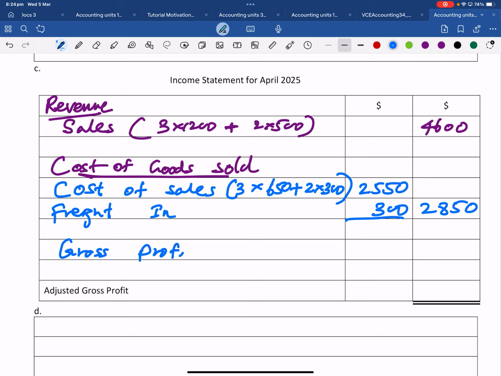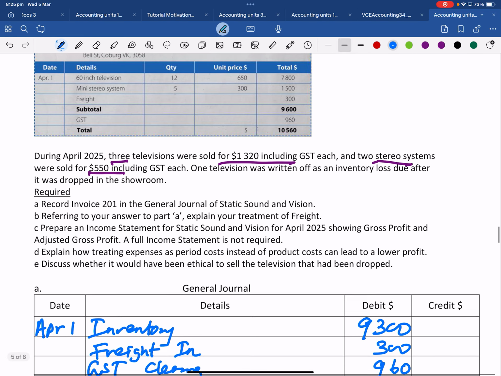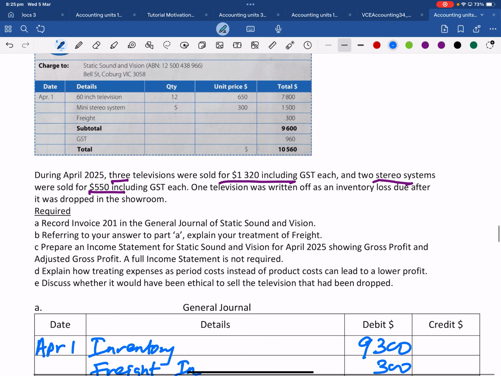Gross profit. How much? 1,750. Right. Then, do we have any inventory loss or gain? Loss. One television was written off. Why? It was dropped.